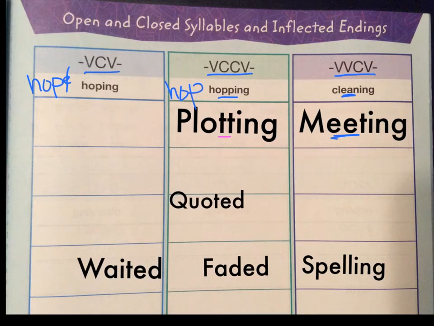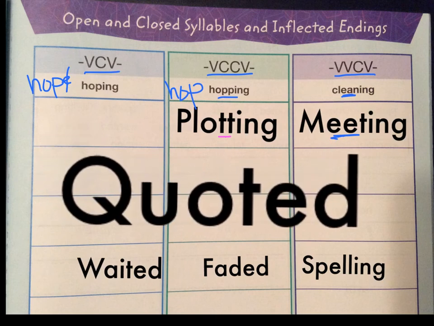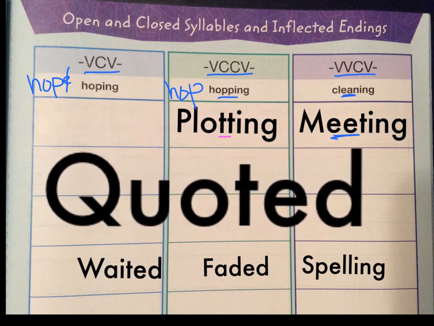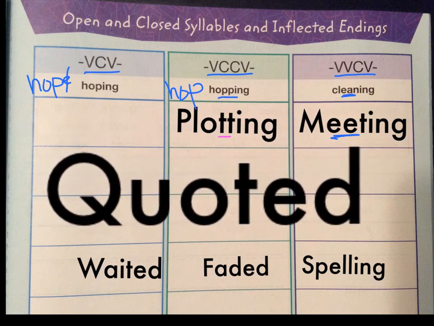The next word we're going to look at is quoted. When we look at the word quoted, we need to find out what the base word is. The base word of quoted is quote. We know that there was an E at the end of quote, so we took off the E and then added the ED.